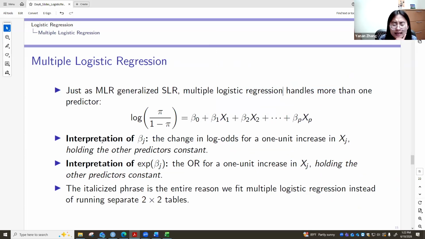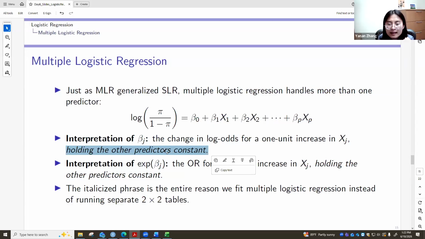Why? Let's look at how we interpret the beta coefficients, right? The beta, for example, beta 1. When we interpret beta 1, that is, with a 1 unit increase in x1, how much the log odds increase, right? But the key here is holding the other predictors constant, which means if x2 until xp are the exact same value, then if we change x1 by 1 unit, what happens?